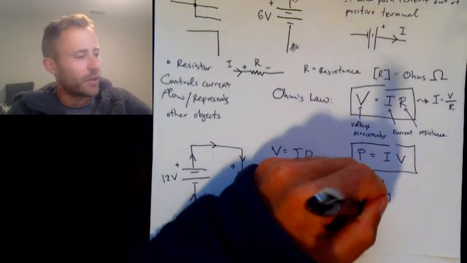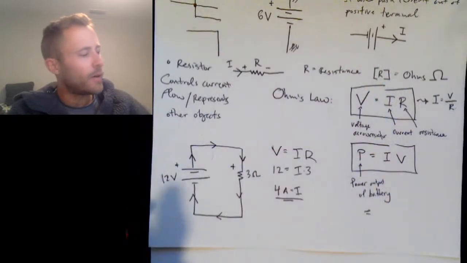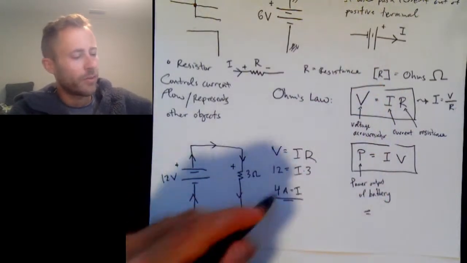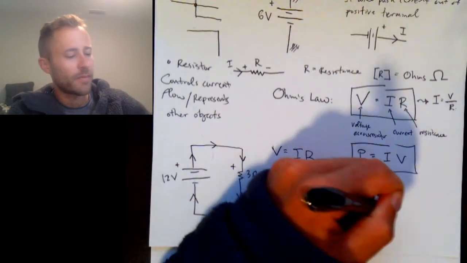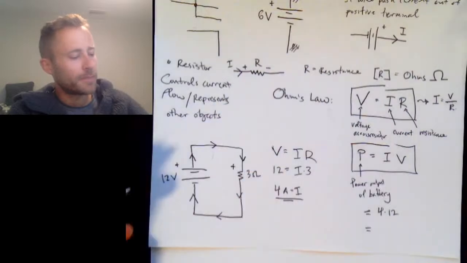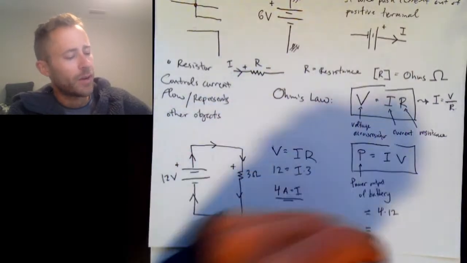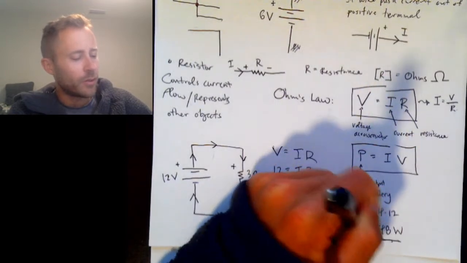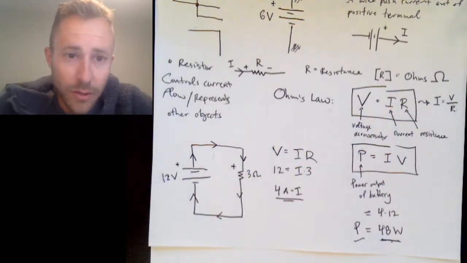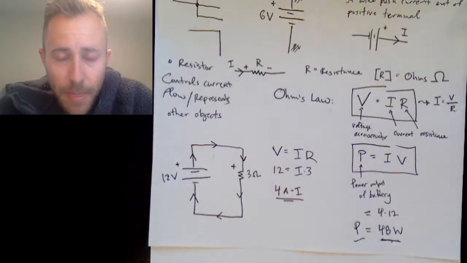So in this case, the current is 4 amps, and the battery is outputting 12 volts. So the battery is outputting 48 watts of power, which is another way of saying it's outputting 48 joules of energy per second.